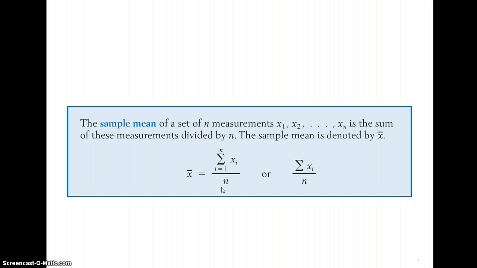And be careful in the formula. If you look at the formula sheet on the front of the book, they didn't really put a subscript i there. They didn't specify x1, x2, xn. They just put an x. Even in this formula, they put xi. If I get rid of this i, sometimes they just write it like this. But don't think there's only one x value.